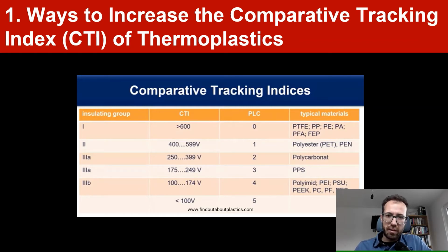And there we see typical materials like in the highest class above 600 volts. We have the polyolefins, polyamides, fluoropolymers, followed by polyesters, polycarbonate, and down here PPS, and in the lower range PEEK, polyamide, and so on.